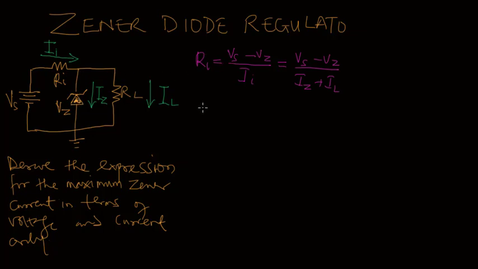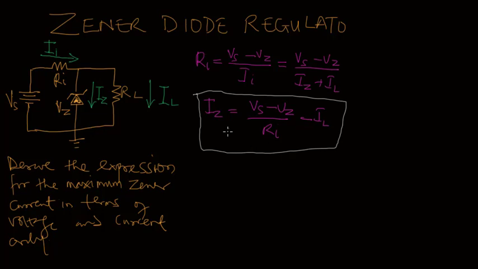Now, if we solve for the diode current, we are going to have Iz equal to Vs minus Vz over Ri, minus Il. So this expression here will enable us to get the value of the Zener current in this simple circuit.